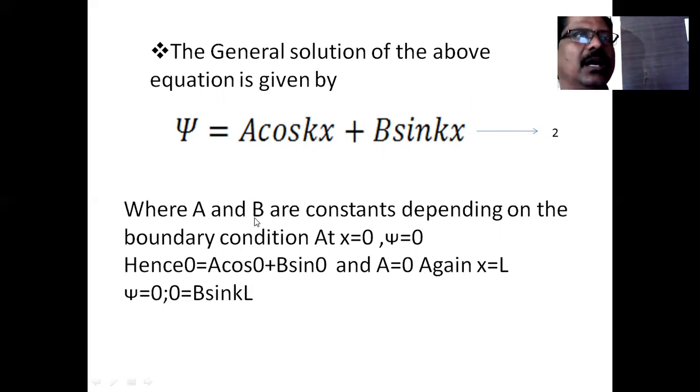By applying boundary conditions to this equation, we can calculate the values of A and B. Let us apply the boundary conditions. If x equals 0, psi equals 0.